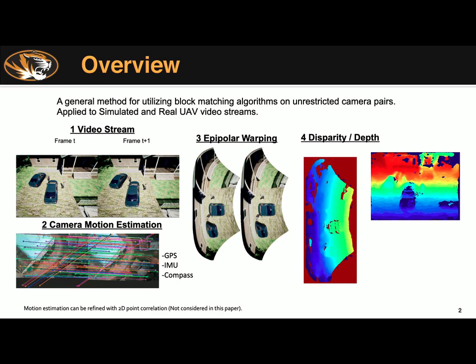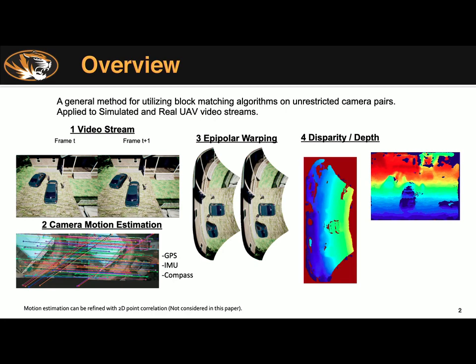So the basic idea here is we can divide what we're doing into 4 basic steps. We start off with a video stream, and as the drone moves, we can link frames: once the drone has moved a sufficient distance and hasn't rotated too much, we can consider those frames linked. Then we can try to estimate the camera motion. I've shown SIFT features, but we're actually using the onboard GPS and IMU integrated with the compass to estimate the camera extrinsics.